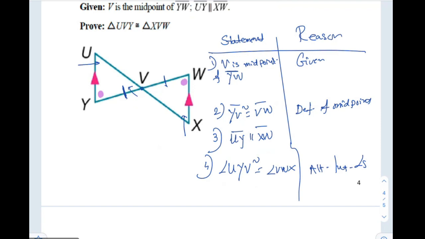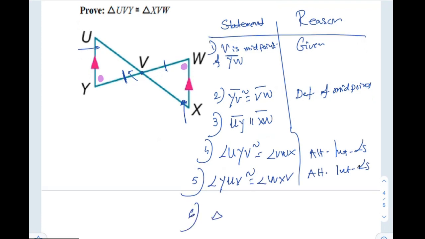So if you use the first choice, which is this one, we can say that angle YUV is congruent to angle WXV by the same theorem, the alternate interior angles theorem.